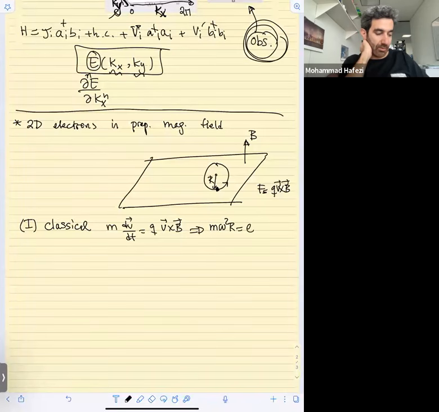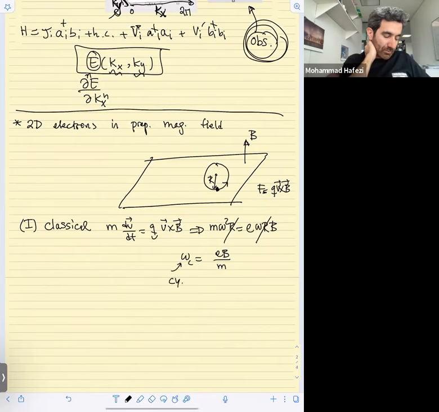Now I take e for q, you can just put q. v is just omega r, and B is just this, okay? So now you see that r cancels from both sides, and then omega will be eB over m, right? This is called cyclotron frequency, or cyclotron energy if I put an h bar in front of it.